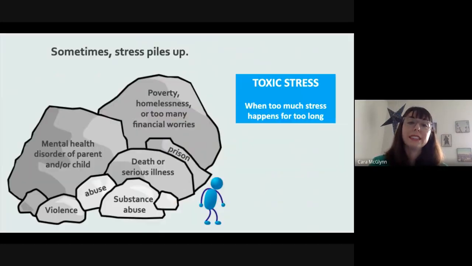Another way to visualize this is to think about traumas or stressors as rocks. And without someone to carry the rocks or lessen the load, it squishes us. So stress piles up. And again, these are some examples of those adverse childhood experiences we talk about.